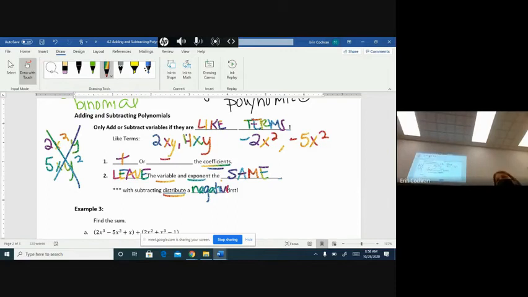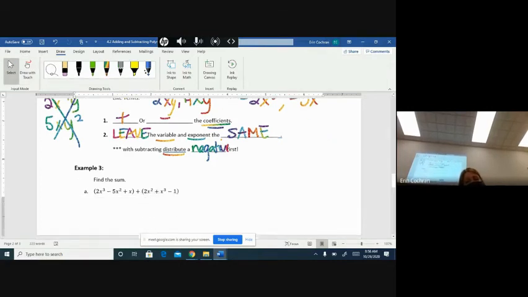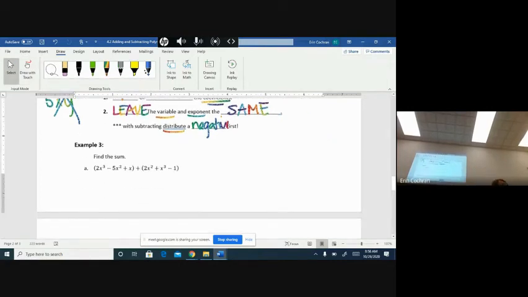Distribute it and then add. Always distribute, then add. Now, when doing these types of problems, we can either do it horizontally or vertically. Do you think I care which way you do it? No, that's completely up to you. I'll show you both ways for this one, and then we'll look at what you like to do.